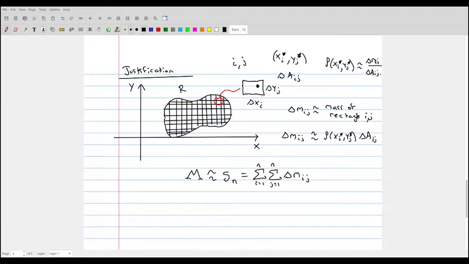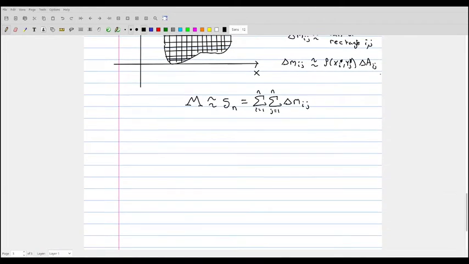Now this is only, again, an approximation because the actual density is varying throughout the medium, but for small values of delta x and delta y, this gives us a very nice approximation for a nice density function. And so what that means is that the total amount of mass of the entire lamina itself is approximately equal to the Riemann sum.